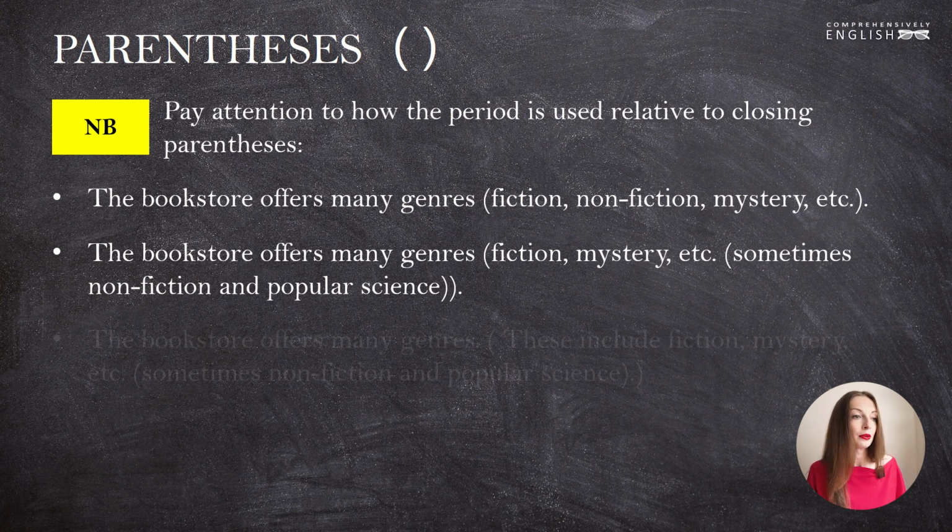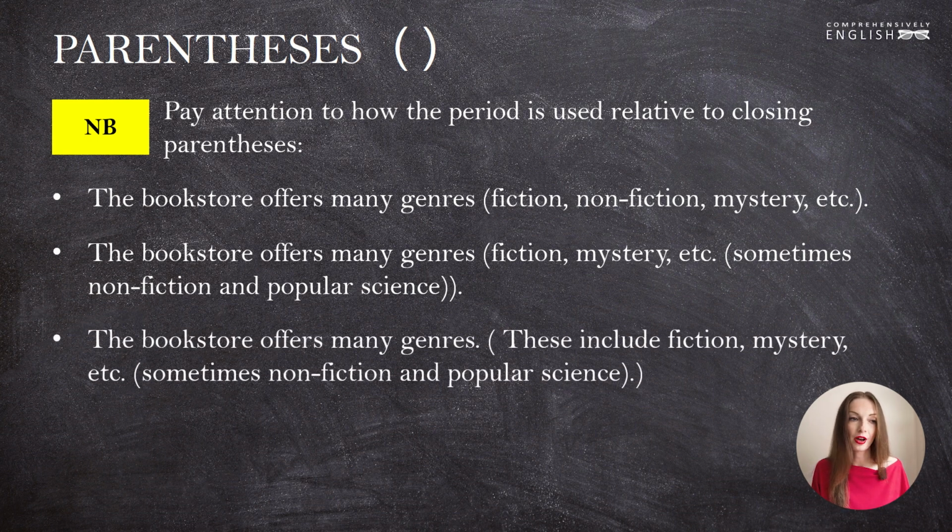And the last example, the bookstore offers many genres. (These include fiction, mystery, etc., sometimes non-fiction and popular science.) What happens here? Here, a whole sentence is enclosed in parentheses. And in addition to that, we also have an additional thought that follows etc. And again, there is a period after etc. And then there is the period that ends the whole sentence.